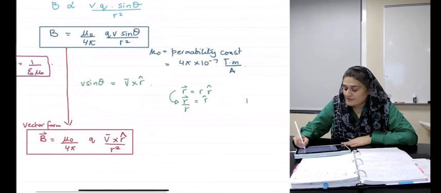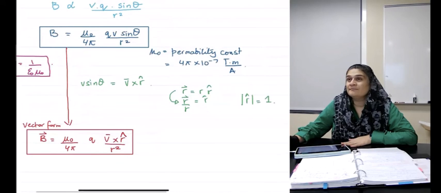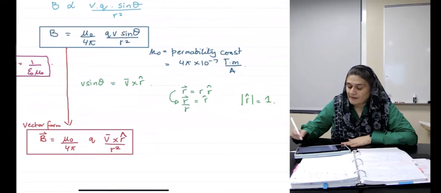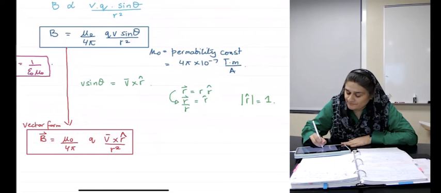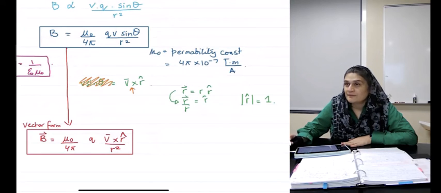What is the magnitude of R hat? 1? Okay, so I'm going to do some magic. So I'm looking at this part only. Ignore this part yet. Okay, pretend this doesn't exist yet.